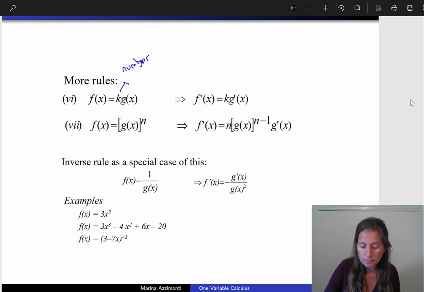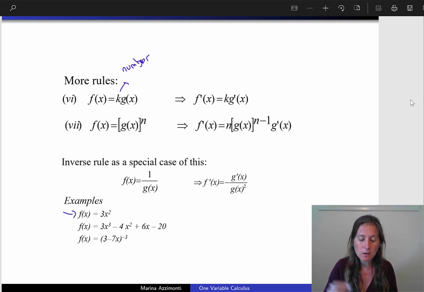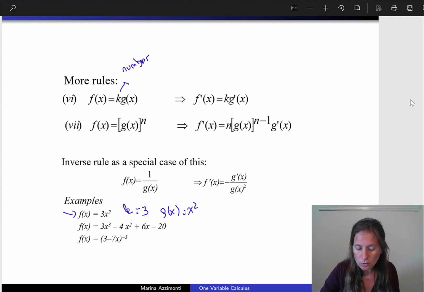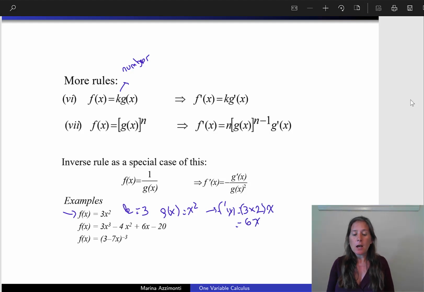So for example, in this case, f of x is 3 times x squared, so k here is equal to 3, g of x is equal to x squared, so the derivative of f is going to be 3 times the derivative of g of x, which is 2 times x, so 3 times 2 times x, so it's going to be equal to 6 times x.